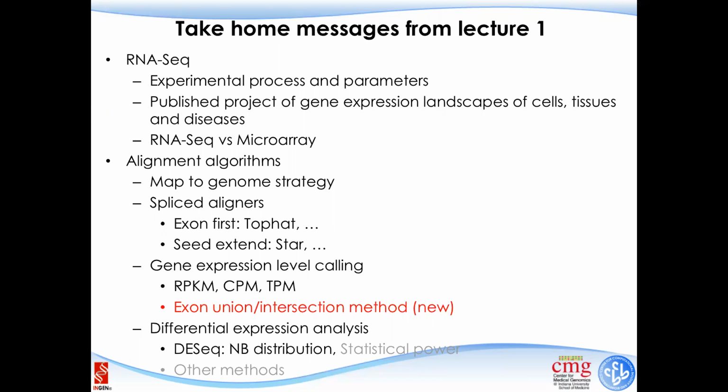One is the exon first method with an example of TopHat, and a seed extended method with an example like STAR. And then we talked about gene expression level calling and the definitions of RPKM, CPM, and TPM.